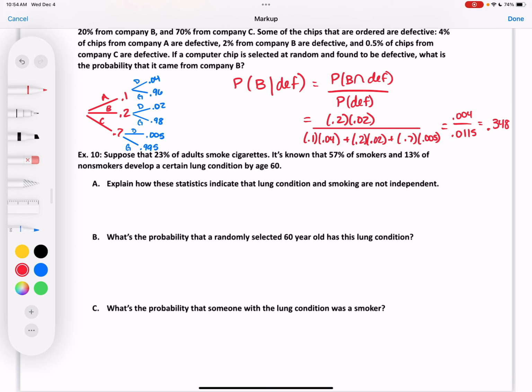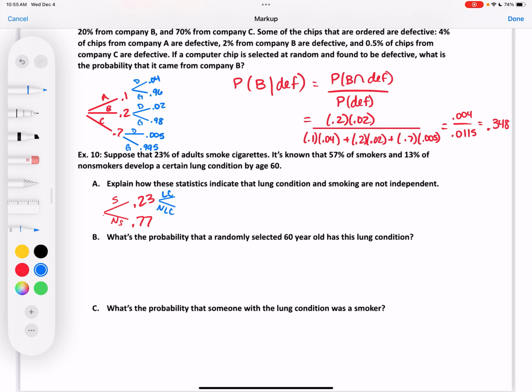So I'm going to probably just use S for smoking and N for non-smoking since I'm trying to make this a tiny little diagram here. But this one's just going to have two things off of it. So I'm just going to do S and NS for smoking and non-smoking. So 23% smoke, so 0.23, meaning 0.77 don't smoke. And then we're looking at if they develop a lung condition or not. So off of both of these, I'm going to say LC, or NLC for no lung condition.